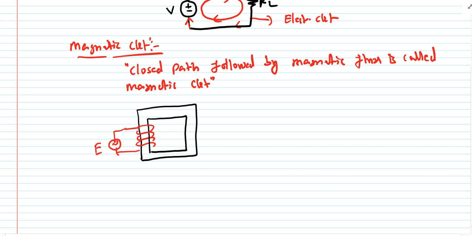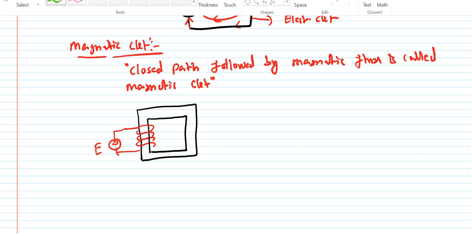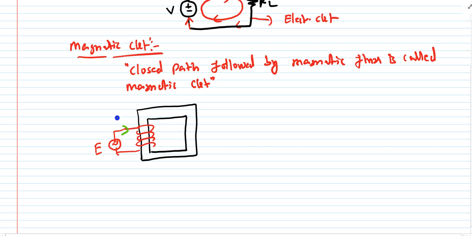Therefore it is going to draw some current I. As this current flows through this circuit, it is going to produce the flux phi, and this flux is going to flow through a closed path. This is the closed path for the flux phi.